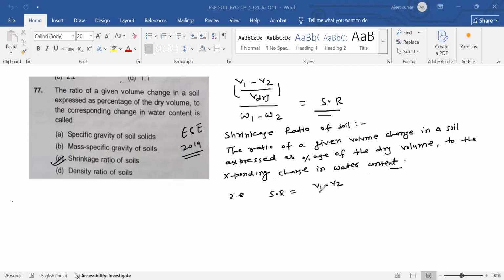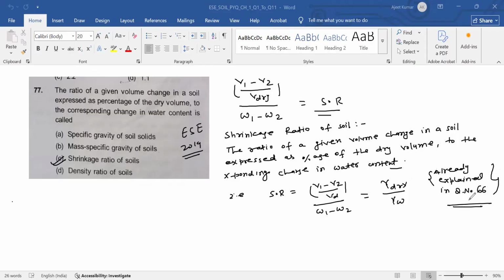Okay, that is, shrinkage ratio is equal to (V1 minus V2) by Vd divided by (W1 minus W2). And this is nothing but gamma dry divided by gamma W. This is already explained in question number 66.